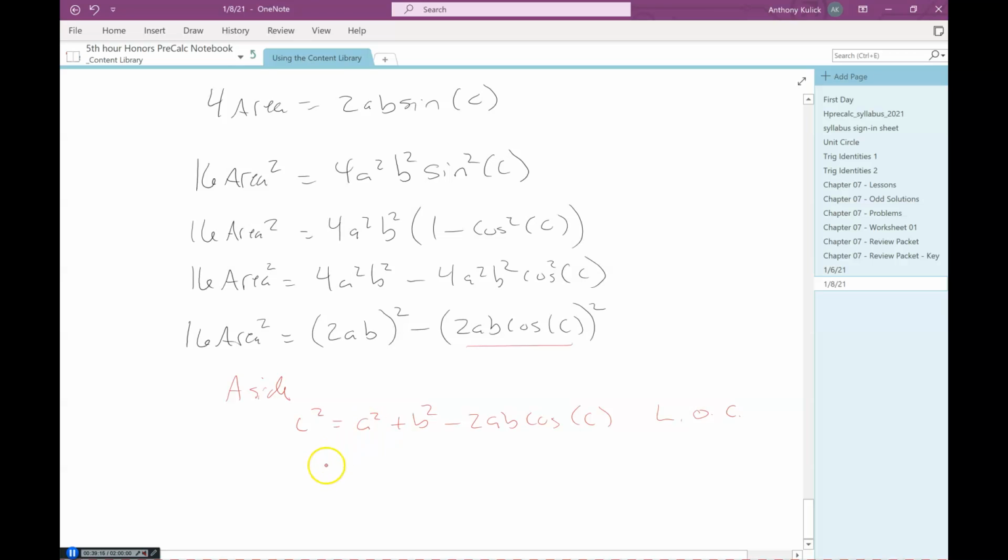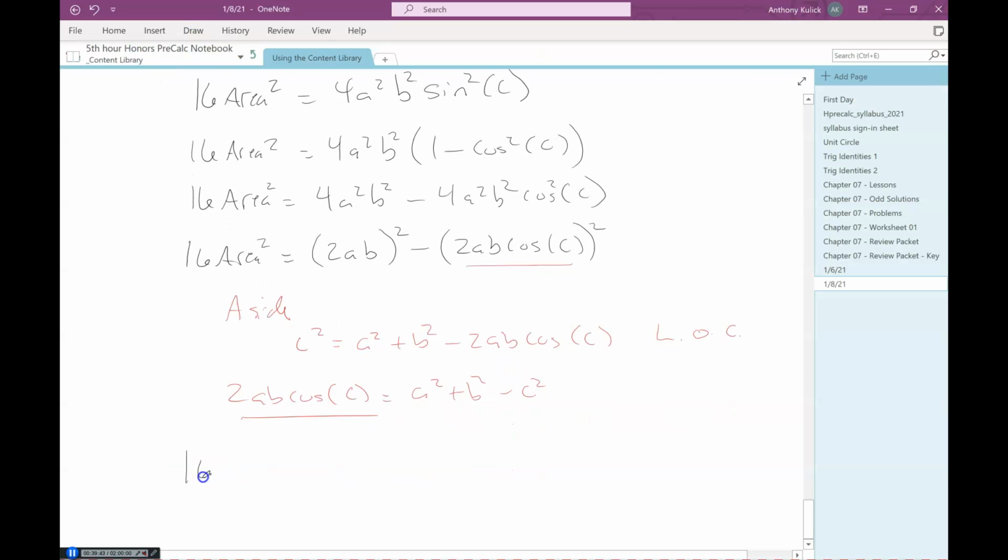Let's subtract the c squared over and then add this other piece over. So I'm going to add over the 2ab cosine c and then subtract over the c squared. Everybody's okay there? So now I'm going to replace 2ab cosine c with a squared plus b squared minus c squared. And then I'm going to do my factoring. Oops, forgot my 2.